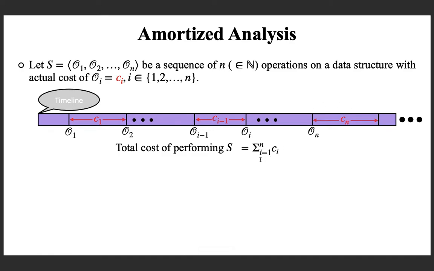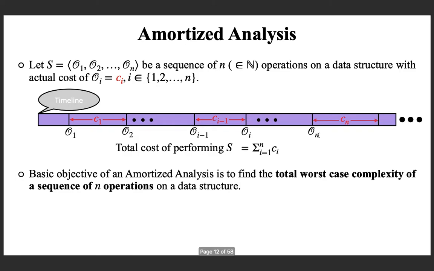So, the actual total cost is the summation of Ci for i equal to 1 to n, that is C1 plus C2 plus etc. plus Cn, that is the total execution time. And note that the basic objective of an amortized analysis is to find the total worst case execution time, or the complexity, of a sequence of n operations on a data structure.